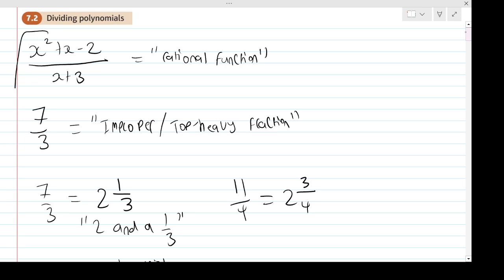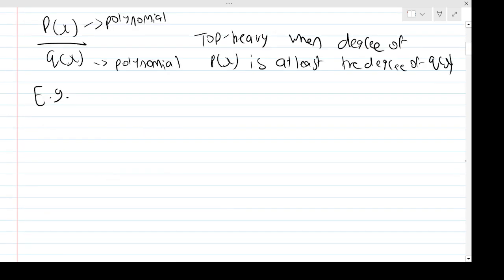This is a top-heavy fraction because we have x squared as the highest power on the top, 2, and the highest power on the bottom is 1. So 2 is bigger than 1. That means it's top-heavy, and we will be able to divide, right, simplify it. But we'll look at that in just a moment. Another example, say we have x cubed minus 1 over x squared plus x plus 5. That is top heavy because there we have x cubed over x squared.